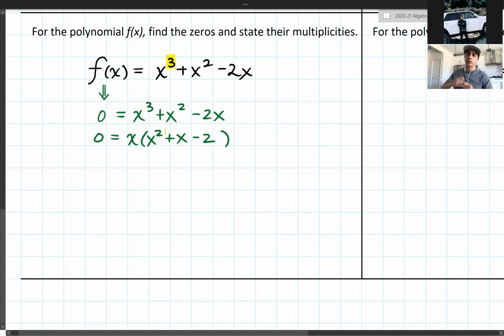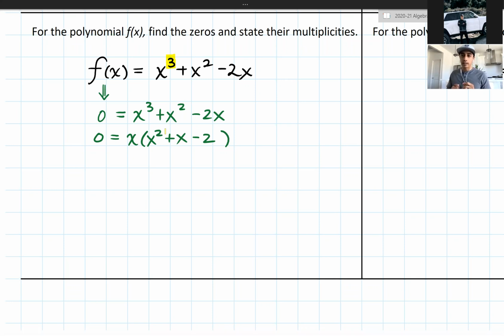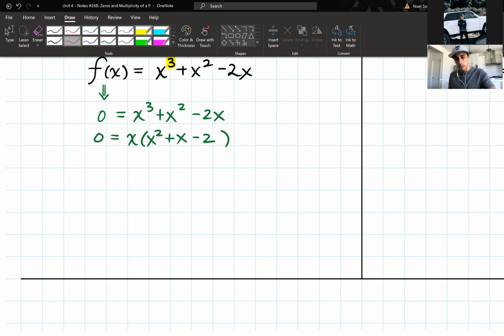What do you think you need to try to do one more time? Because ideally, you'll get to a point where you see 3 separate factors. Right now, I only see 2 factors, the x times the trinomial. What do we need to attempt to do with the trinomial?